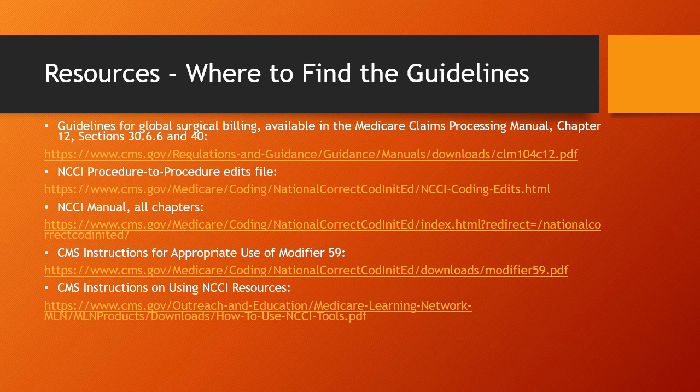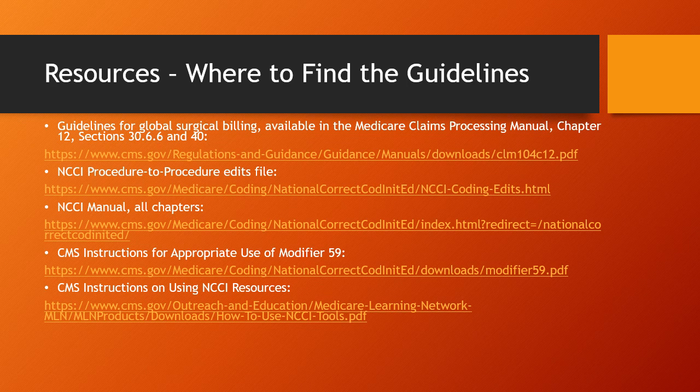Guidelines for global surgical billing are in the Medicare Claims Processing Manual, Chapter 12. Look in sections 30.6.6 and section 40, and there's your link to the Claims Processing Manual, Chapter 12. Next is the NCCI Procedure to Procedure Edits file.